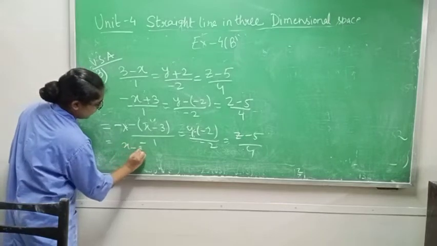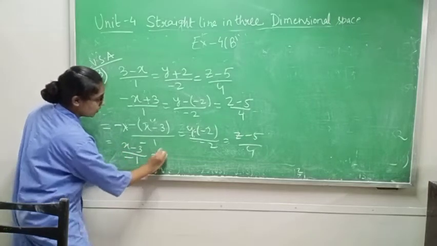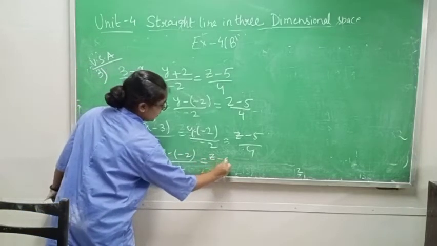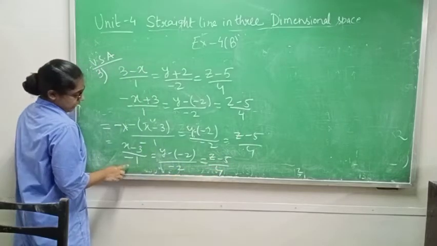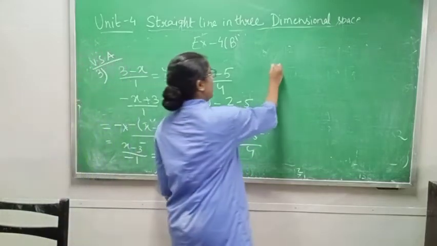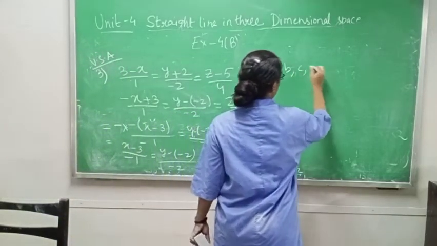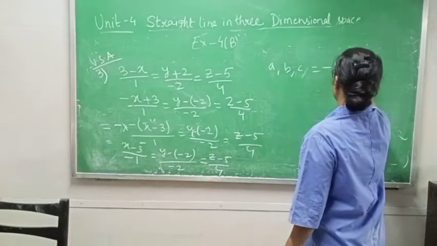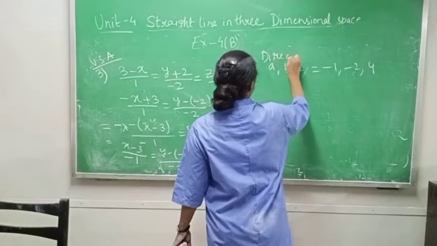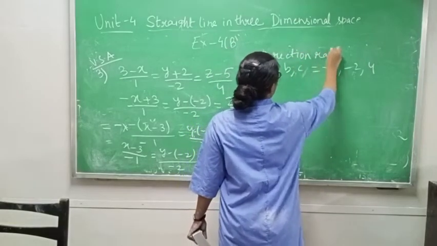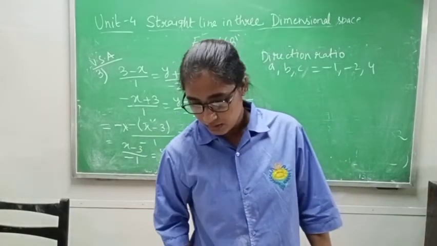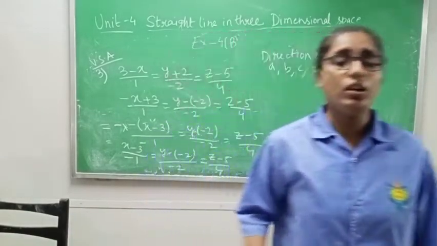So it becomes (x minus 3)/(-1) equals (y minus 2)/(-2) equals (z minus 5)/4. Now you see the a value is minus 1, the b value is minus 2 and the c value is 4. So a, b, c is minus 1, minus 2 and 4. This is nothing but the direction ratio. So this is your answer.